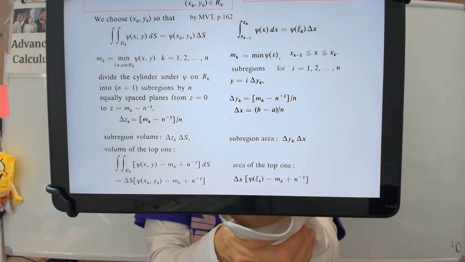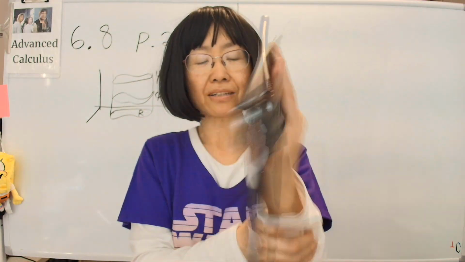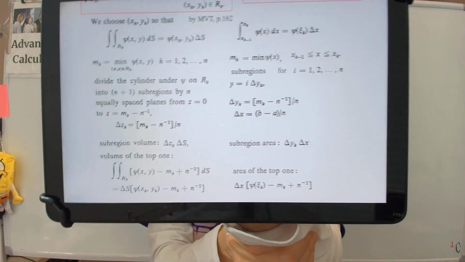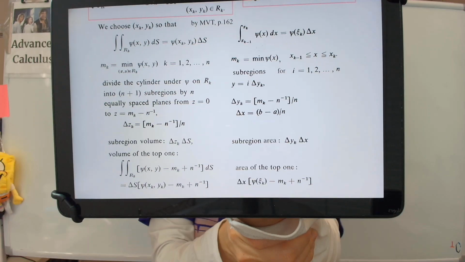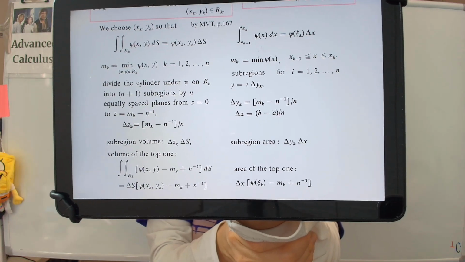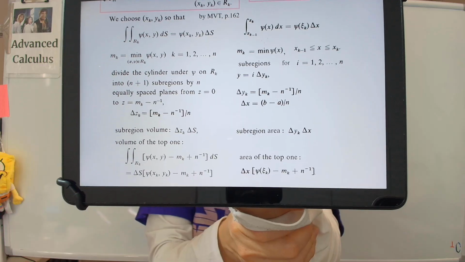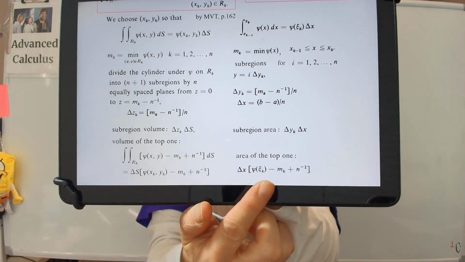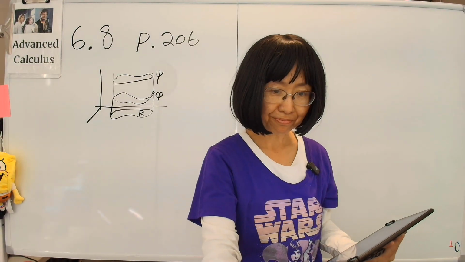And then delta s is just delta s, there's no k there. It's the same everywhere. Except for the volume of the top piece, which is defined slightly differently, and as before, it ended up looking exactly like it did before. All right, so that is that.